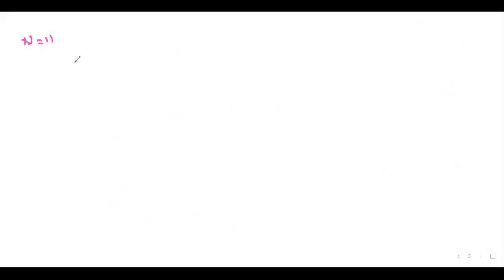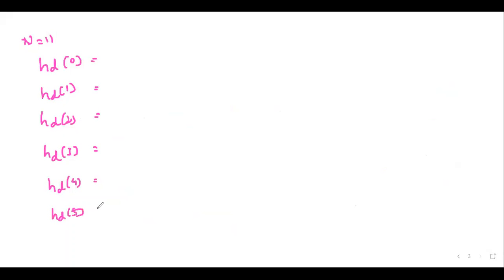Since n is equal to 11, we need to find out hd of 0, hd of 1, hd of 2, hd of 3, hd of 4, hd of 5. Please find out and tell me the values.